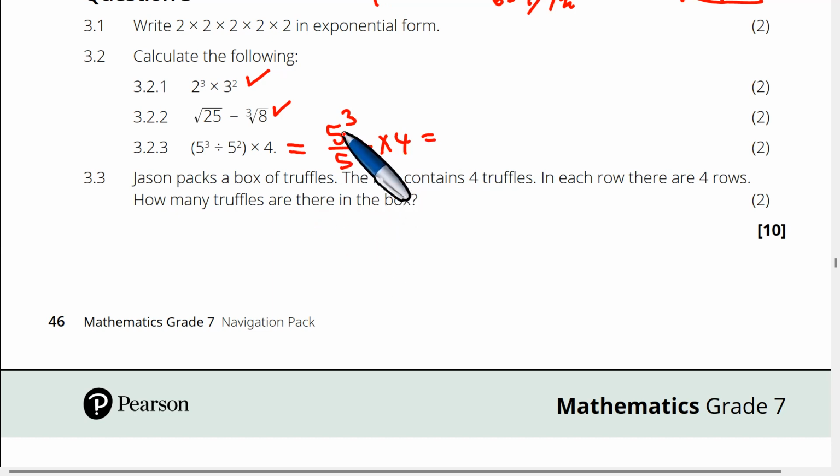Okay, 5 cubed is the same as 5 times 5 times 5, 3 times, which is what? 125. 5 squared is the same as 5 times 5. What is 5 times 5? It's 25. Then you multiply by 4.